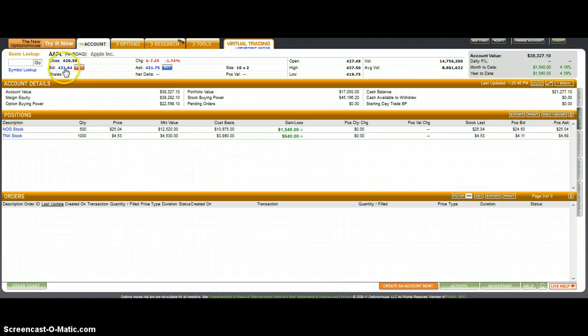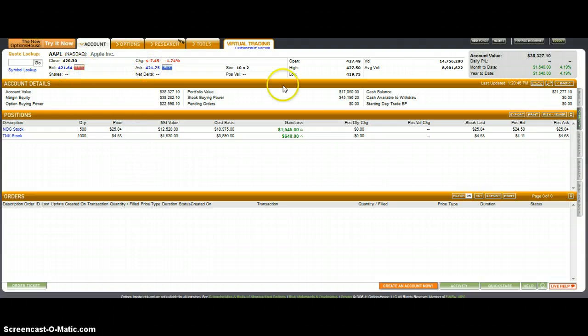Now, generally, with high volume stocks, the market is closed right now, by the way, so these numbers are accurate, but when the market goes live, these won't differ as much as they do here by 11 cents.